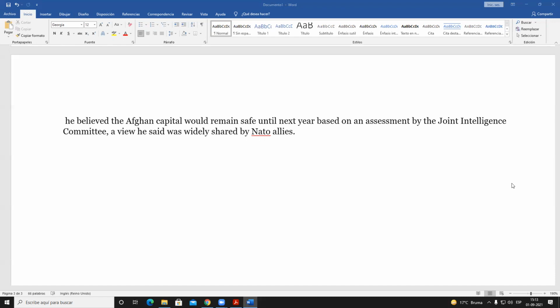Diez minutos. Volvemos a las 15:23. Eso, chiquillos. ¿Alguna duda de lo que hay que hacer? No. Ya, perfecto. Démosle entonces. Muchas ganas. 15:23, volvemos.